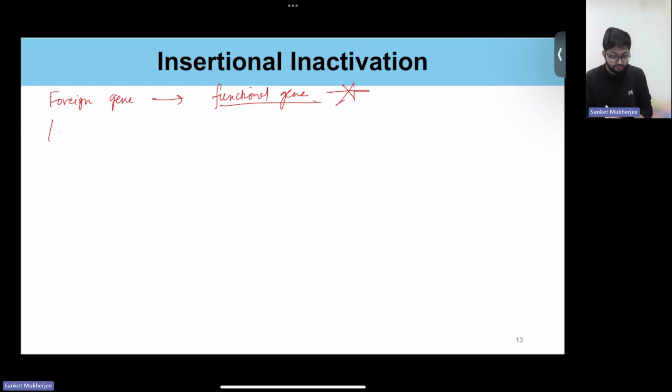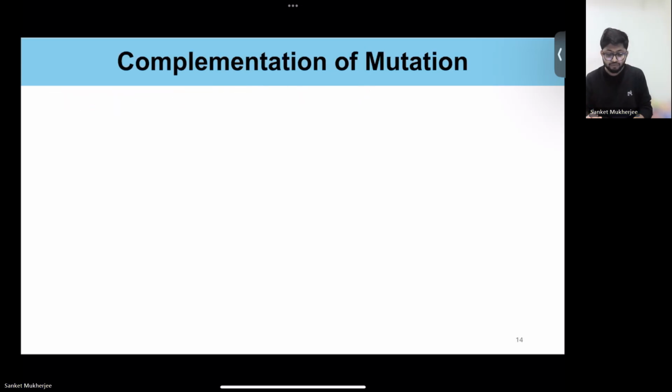So let's say LacZ, which codes for beta galactosidase, the enzyme that we found out in case of blue-white screening, if we insert something in the LacZ cassette, there will be no functional beta galactosidase, and this is one of the methods of screening that can be performed.